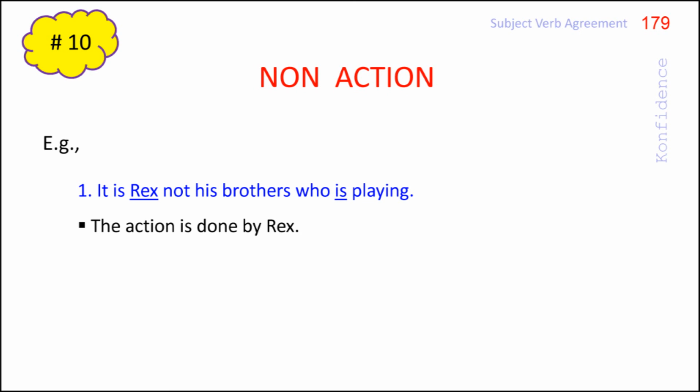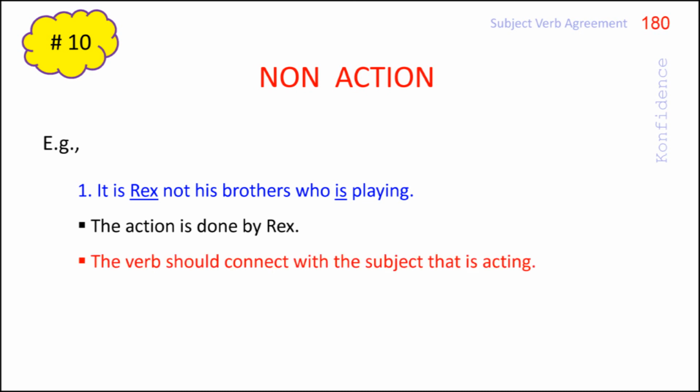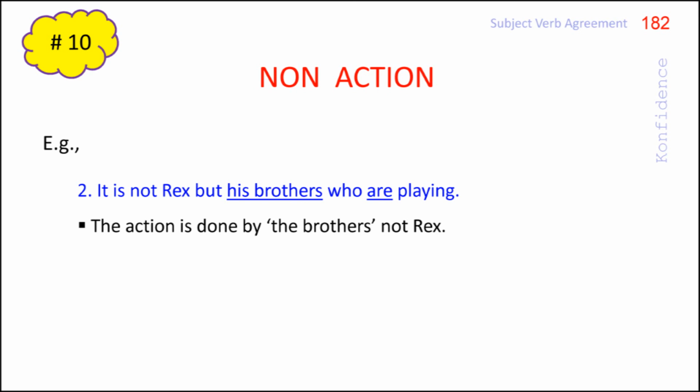That is, the action is done by Rex. The verb should connect with the subject that is acting. Hence, a singular verb is used in that sentence. In the second example, the action, that is playing, is done by the brothers, not Rex. Therefore, the plural verb are is used in that sentence.